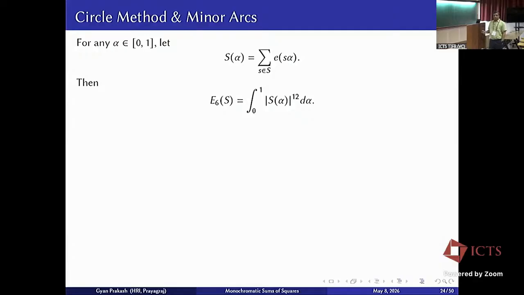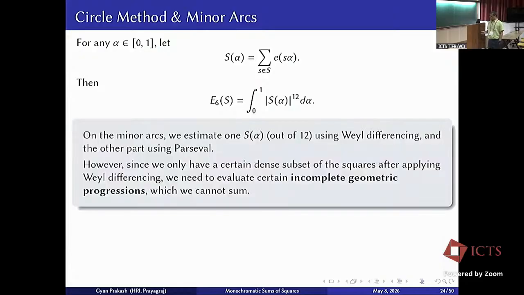But if you have only a dense subset of squares, then when you apply Weyl differencing, you will get an incomplete geometric progression, which we don't know how to sum. So we will need to evaluate certain incomplete geometric progressions which we don't know how to sum.